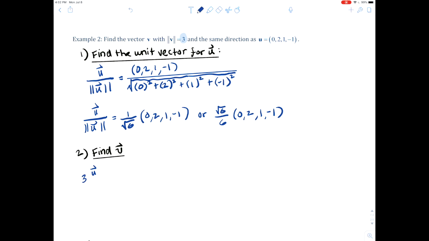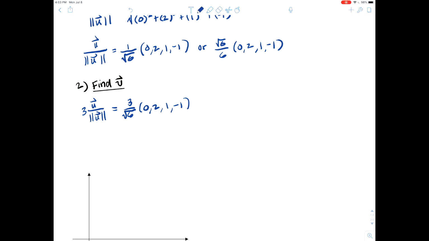So we're doing 3 times this unit vector for u, and that's going to equal 3 over root 6 times 0, 2, 1, negative 1, which is equal to what? So bringing it inside, we'd have 0, 6 over root 6, 3 over root 6, and negative 3 over root 6.